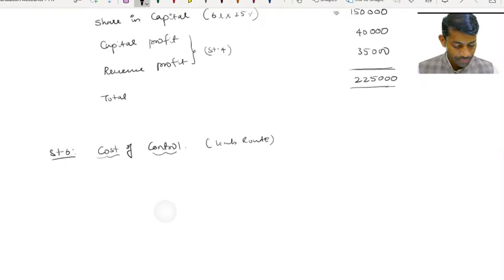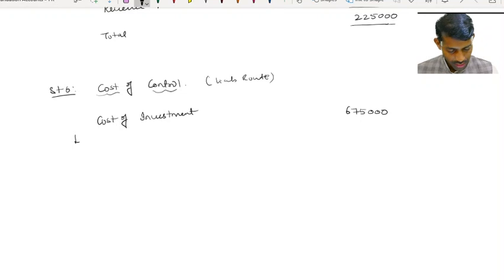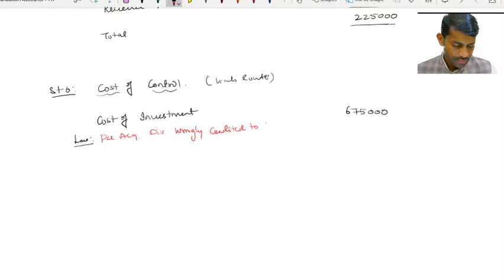So cost of investment is 6,75,000, less pre-acquisition dividend wrongly credited to P&L, which amounts to 60,000 into 75%.